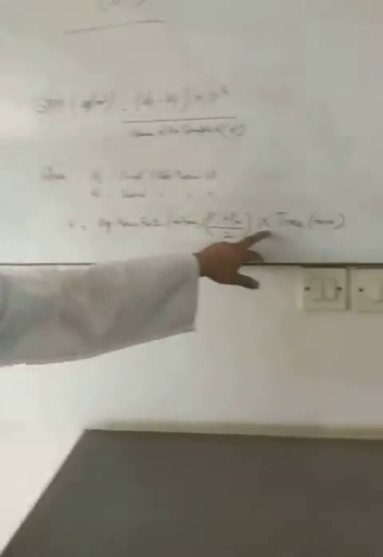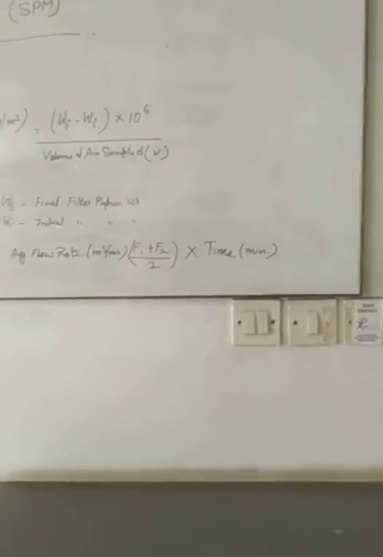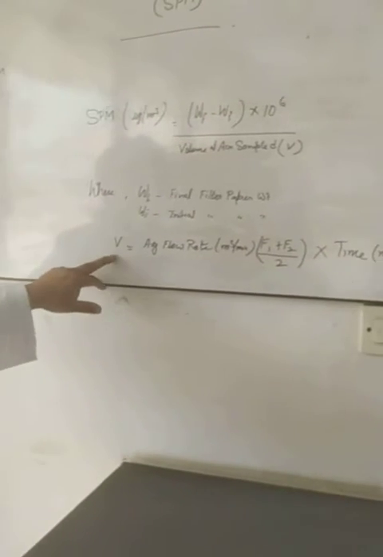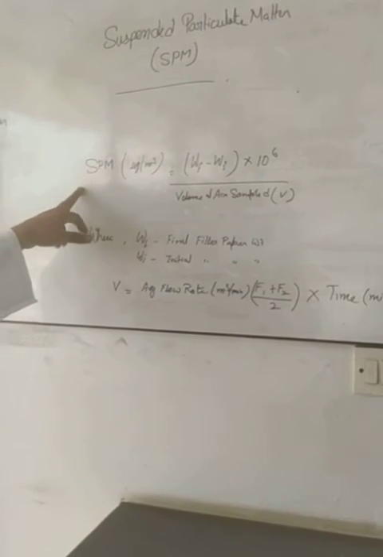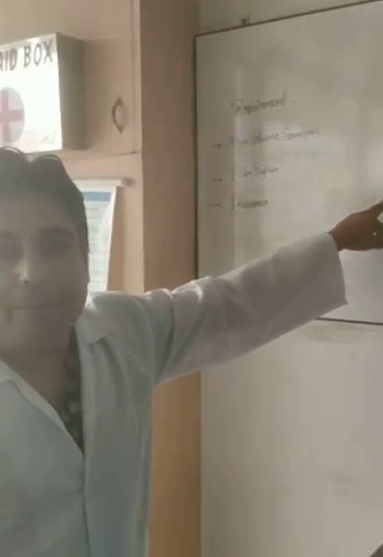Time is calculated by the time totalizer reading: final time totalizer reading minus initial time totalizer reading, in minutes. Put this V value in the formula and calculate the suspended particulate matter in ambient air.